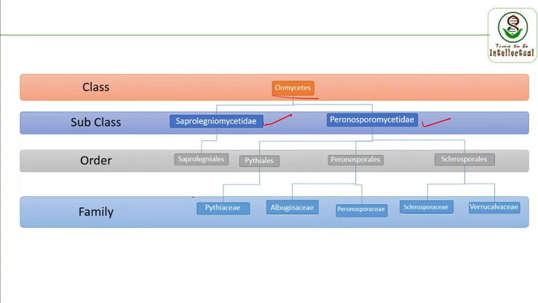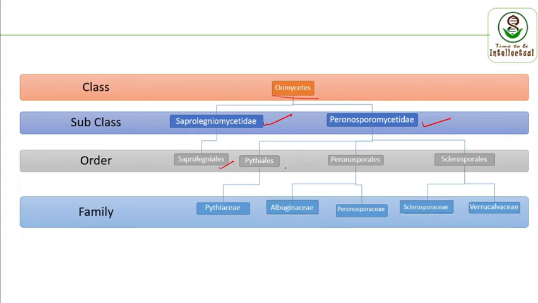Okay, let's begin. Under the Saprolegniomycetidae subclass there comes only one order, Saprolegniales, and it is of little importance for us. And Peronosporomycetidae is very important for us.